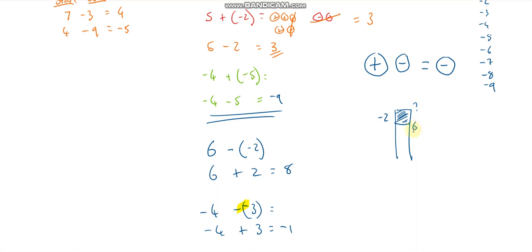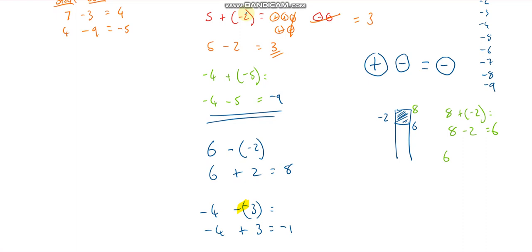Then the referee said, well, actually, no, wait a minute. I'm going to undo that. I'm going to take away those 2 penalty points. So obviously, I was on 8 before then, wasn't I? I was on 8. So he gave me 2 penalty points because 8 adds negative 2 is the same as 8 take away 2, which is 6.